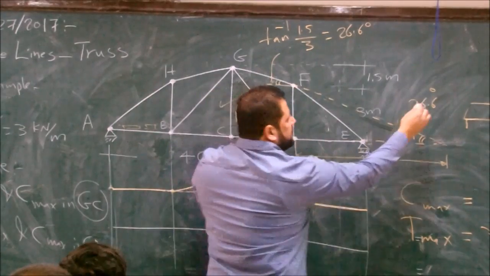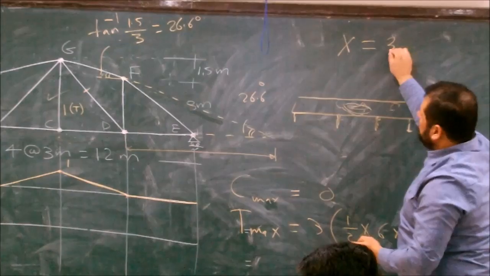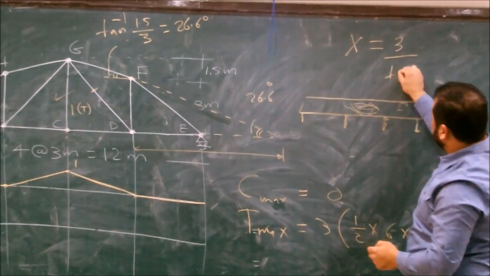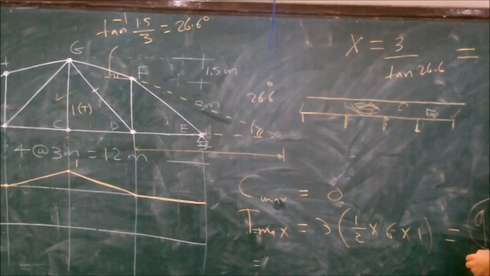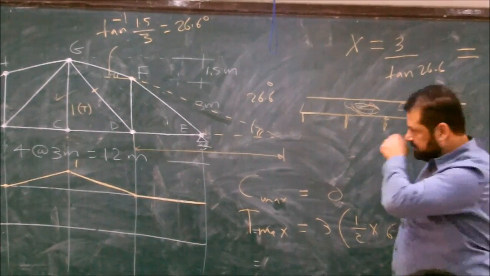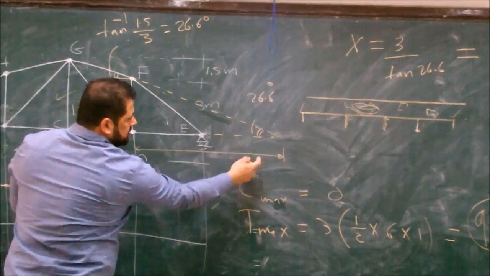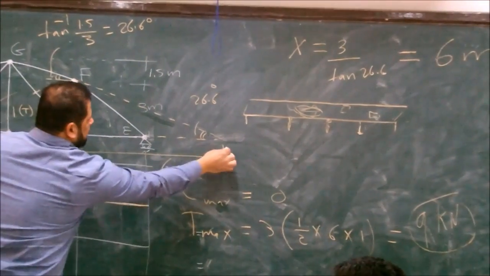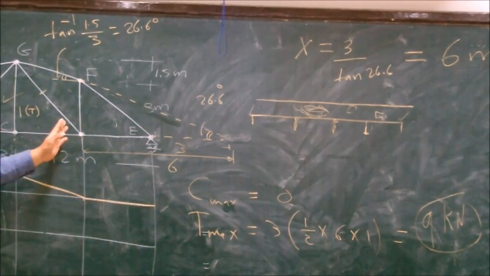So this distance x equals 3 over tan 26.6, equal to 6 meters. All of it is 6. So this is 3 and 3. Good? 3 and 3.